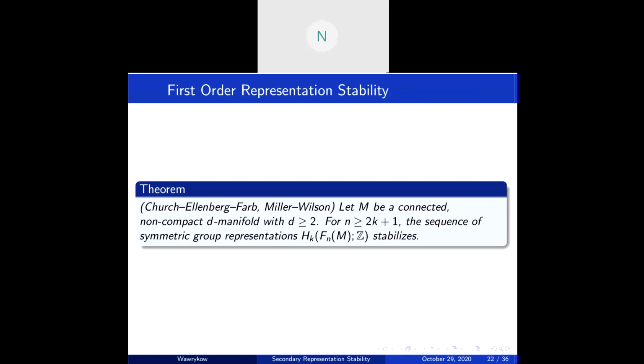If M is a connected, non-compact d-manifold with d greater than 2, then if we have at least twice as many plus 1 points as the homology degree we're considering, and we consider these homology groups, these H_k of the nth order configuration space on M with Z coefficients, these are going to be a bunch of FI modules and hence a bunch of symmetric group representations. Then the sequence of symmetric group representations is going to be stabilizing, i.e. nothing new is going to be happening, and we're nice and happy. So any questions about that?